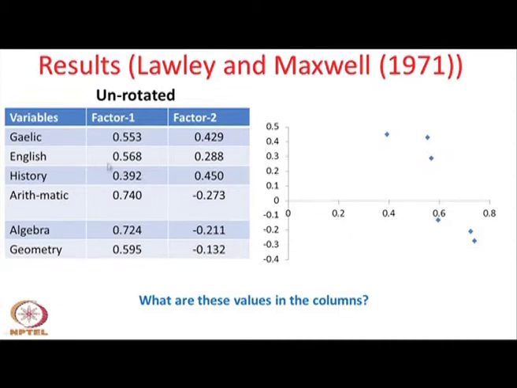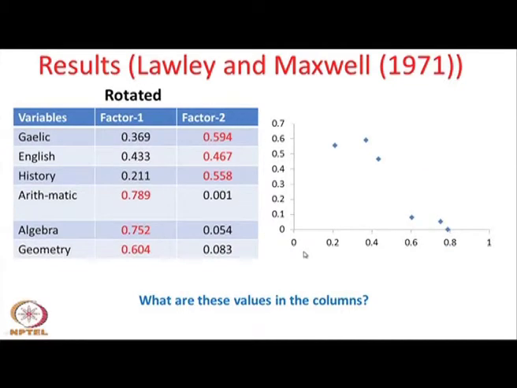You see now these loadings. If I see the loadings from the arithmetic, algebra, geometry point of view, you see that under factor 2 they are 0.001, 0.054, 0.083, almost 0 loading, but they are very highly loaded with factor 1: 0.789, 0.752 and 0.603.